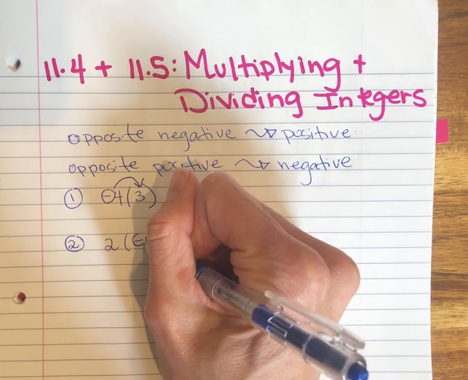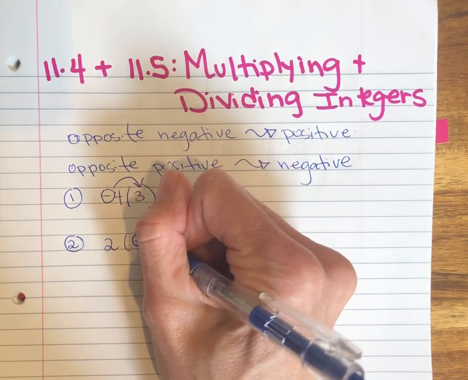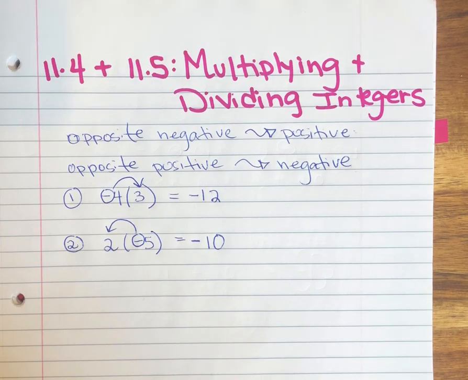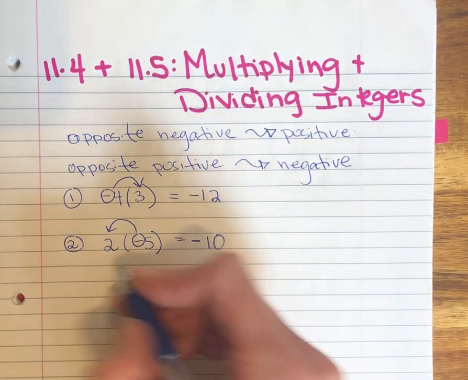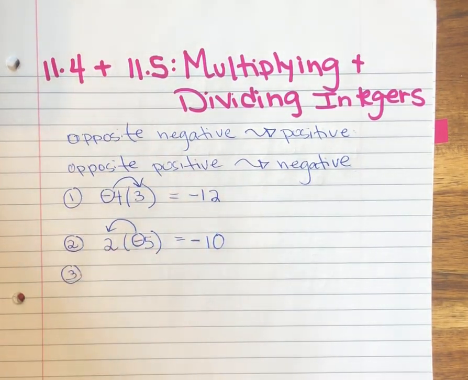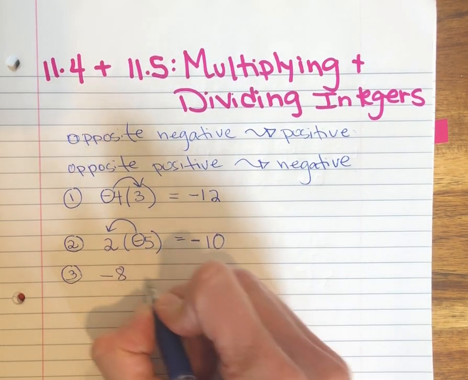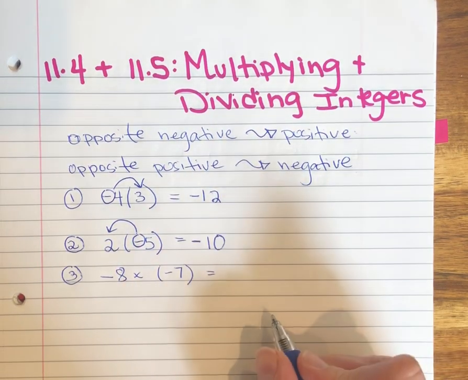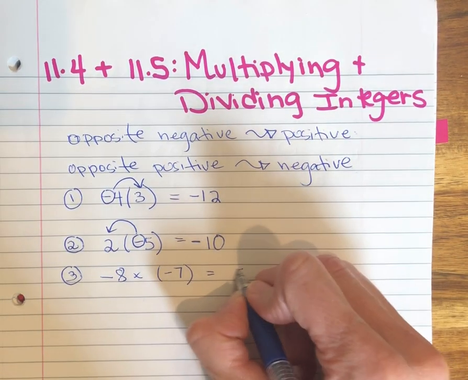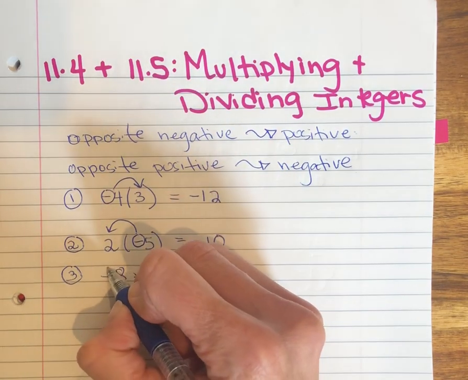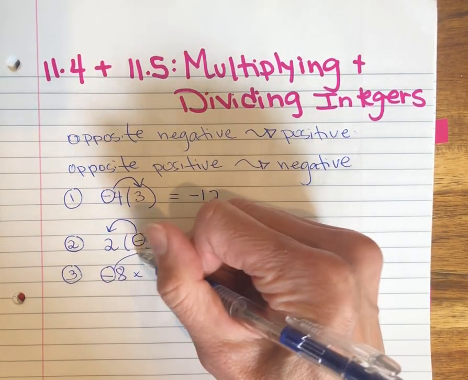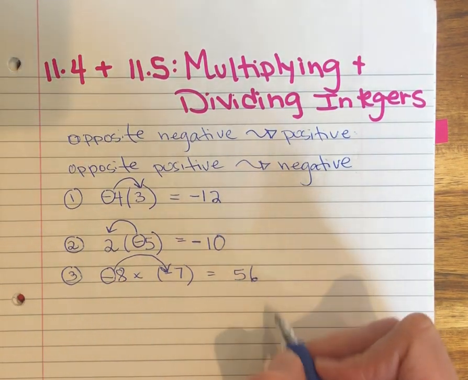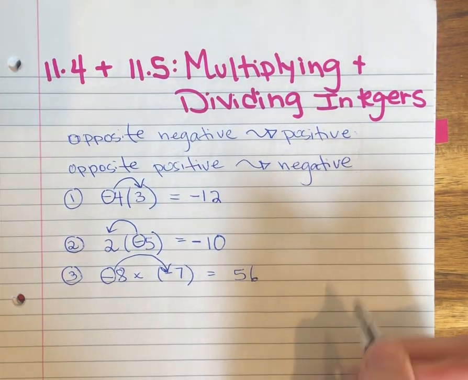Here's our negative, so we're going to think of that as opposite. Opposite of a positive is a negative. Now, let's take a look when we're multiplying two negatives, like -8 times -7. Well, we know that 8 times 7 is 56, and the opposite of a negative is a positive. So that means our answer would be positive 56.